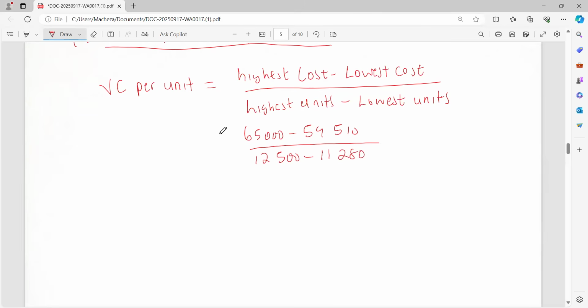Right. Let's calculate and see. It's going to be 65,000 minus 59,510, which is 5,490, over what?